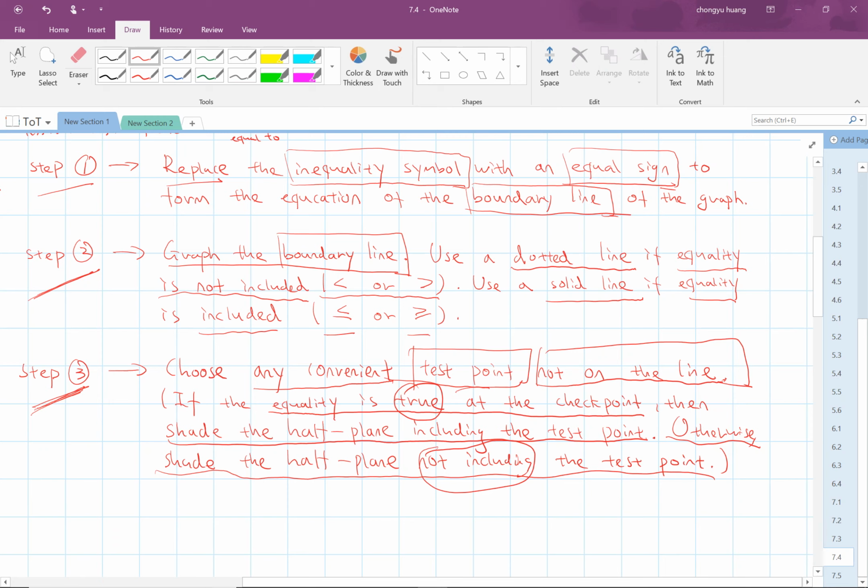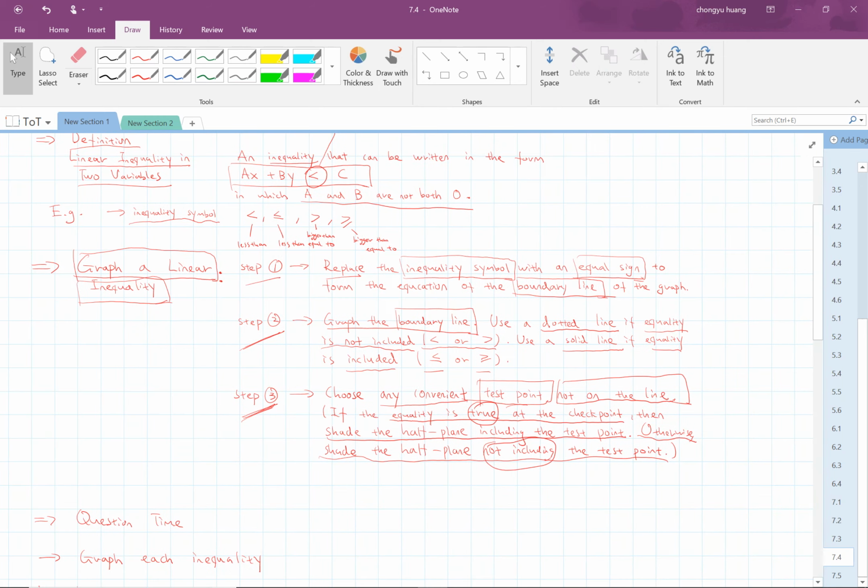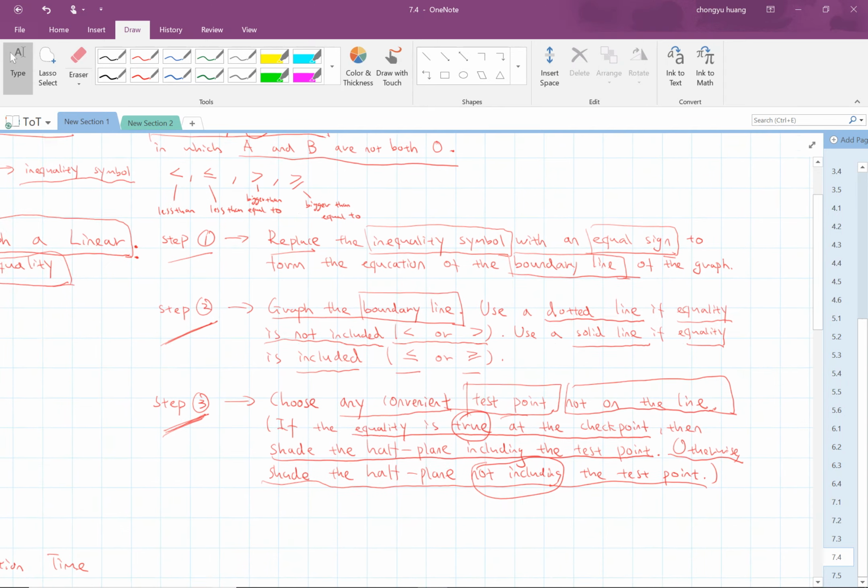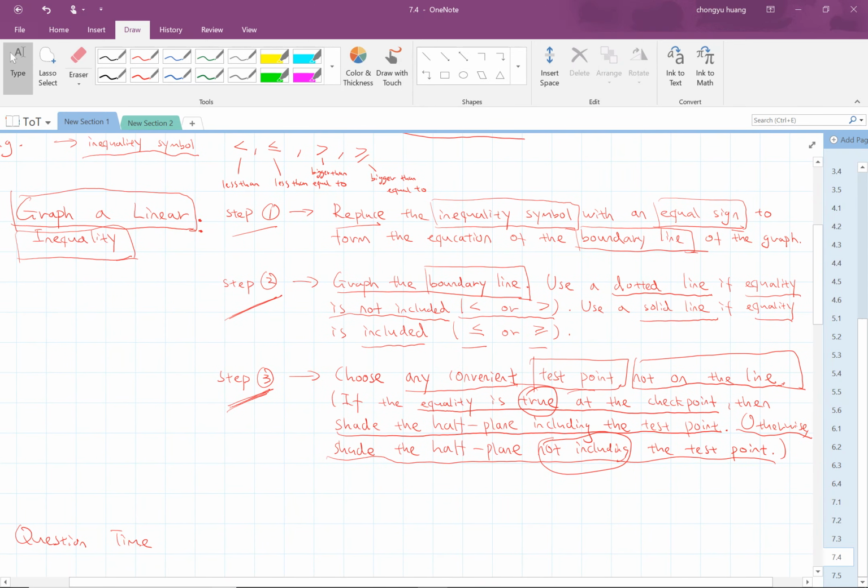Okay, so let me show you guys how we can draw a graph by using those steps. The best way to demonstrate how to draw it is basically to show you a real example.